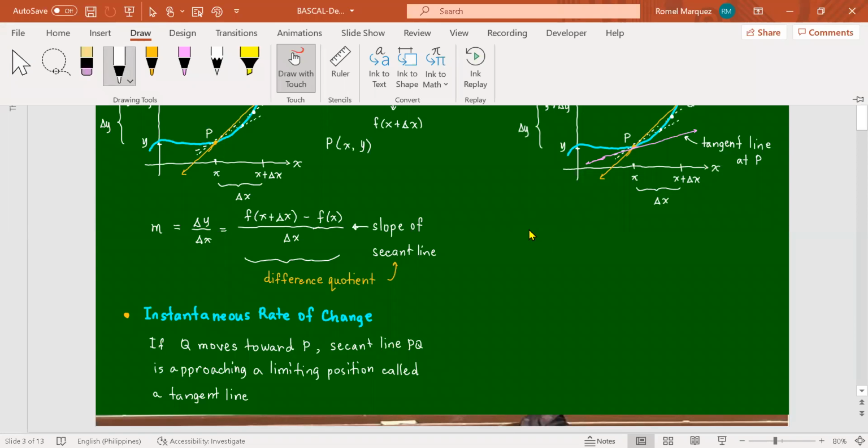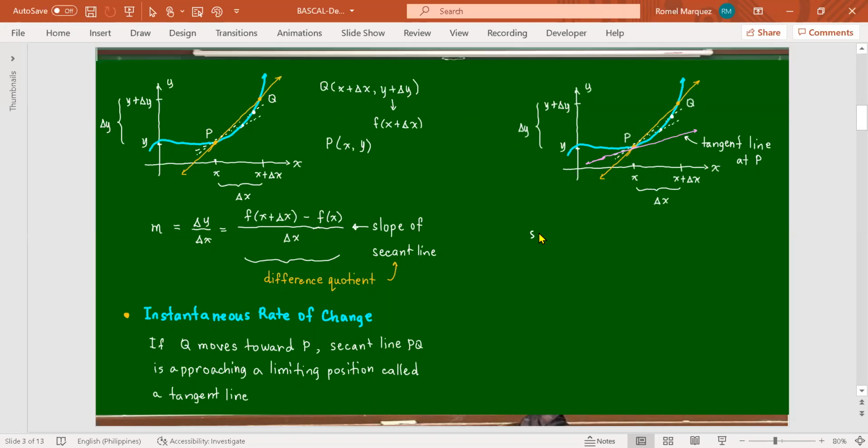Now, when we say secant line PQ approaches what we call a tangent line, let's say tangent line T, it means that, what is happening to delta x, guys, as secant line PQ approaches the tangent line, the limiting position?